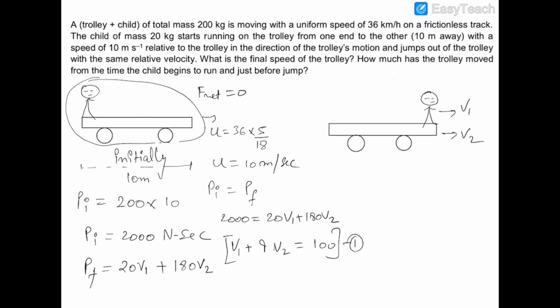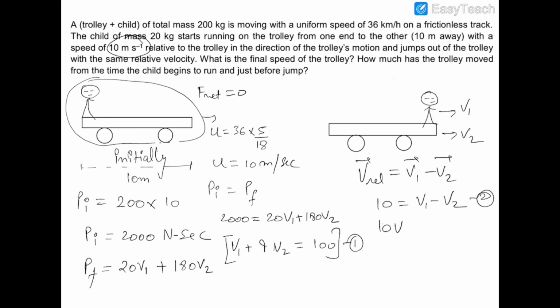Now the second equation comes from the fact that the relative speed of the boy with respect to trolley is 10, which is given in the question itself, and therefore the relative speed will be v1 minus v2. Hence 10 is equal to v1 minus v2. So this is the second equation. Replacing v1 from the second equation into the first equation, v1 is equal to 10 plus v2.